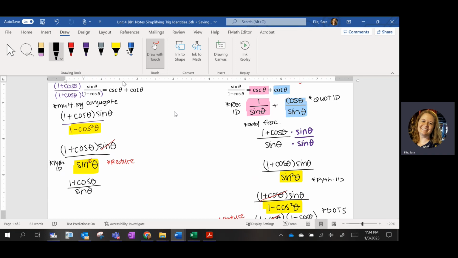What can I do from there? I know I've got to separate this somehow into two terms. That's what I'm trying to work toward, two terms being added, right? Can I separate this since there's two terms in the numerator?